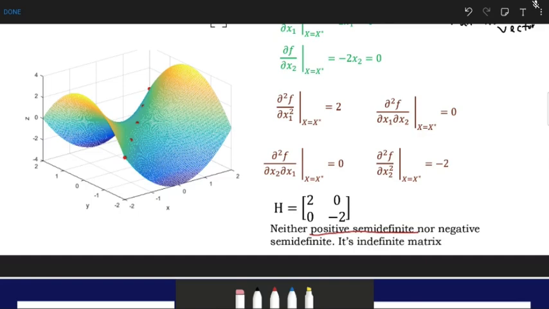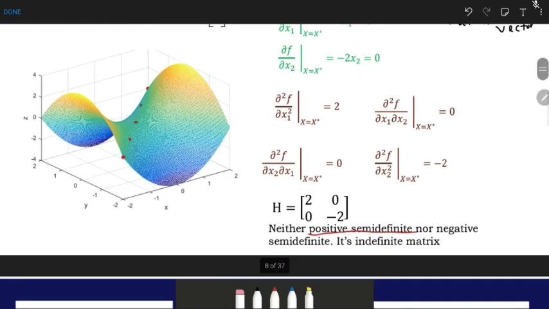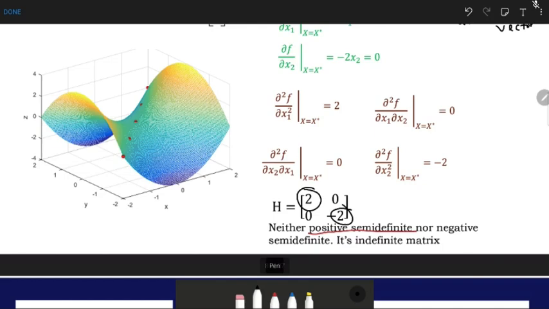One is positive, one is negative. In a symmetric matrix, my eigenvalues are the diagonal elements themselves. All of them are not negative, all of them are not positive. So it is neither positive semi-definite nor negative semi-definite, hence it is indefinite. Yes, nice, good. We have clarity now.